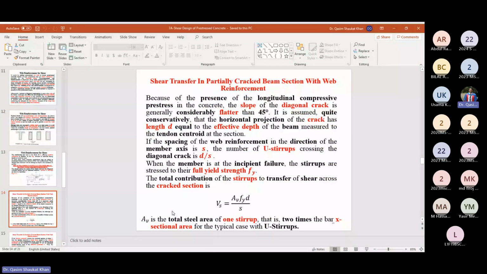So Av is the total steel area of one stirrup, that is 2 times the bar cross-sectional area for the typical case with U stirrups.